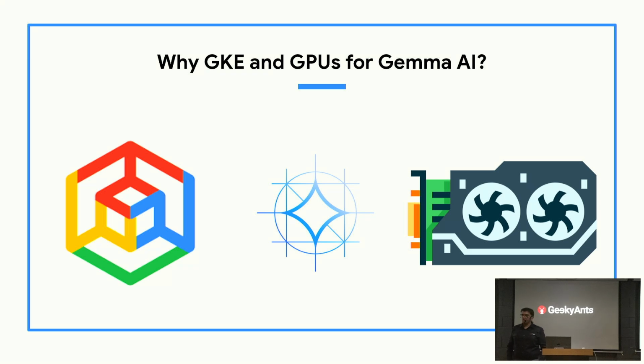Okay, Kubernetes. Good. What's the difference between GKE and Kubernetes? Managed services. Okay, so you get some benefits out of that. Yes, but there's a cost as well. Correct. Right.